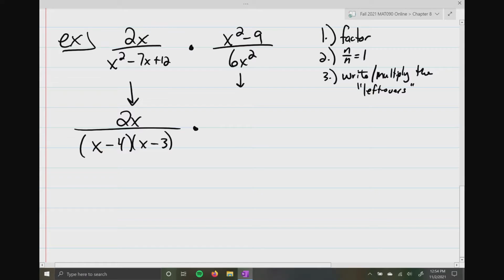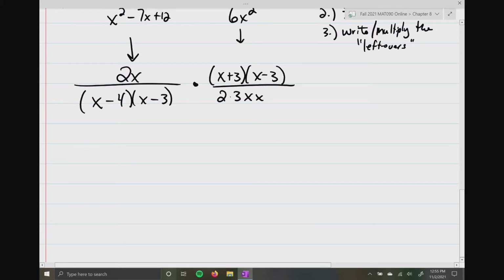The x squared minus 9. There's that difference of squares thing again. That's going to come up a lot. So x squared minus 9 will factor into x plus 3 times x minus 3. And then the 6x to the second power. Well, 6 is 2 times 3.